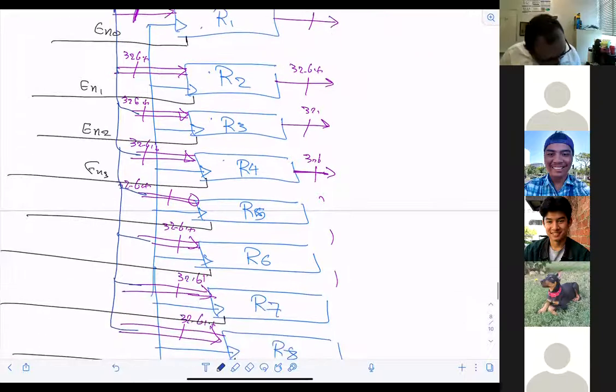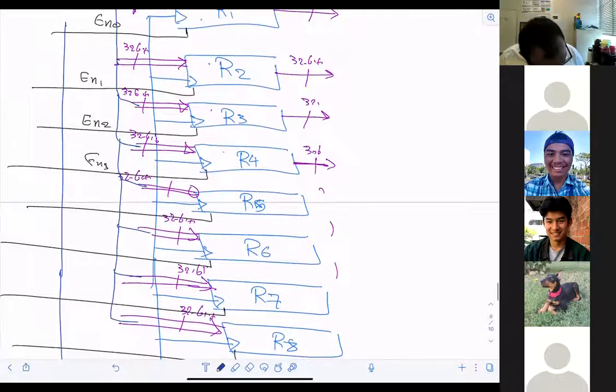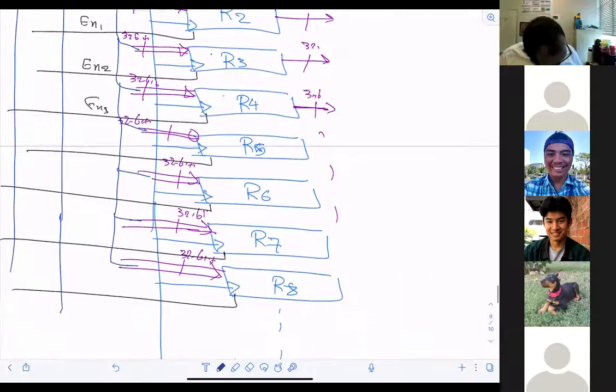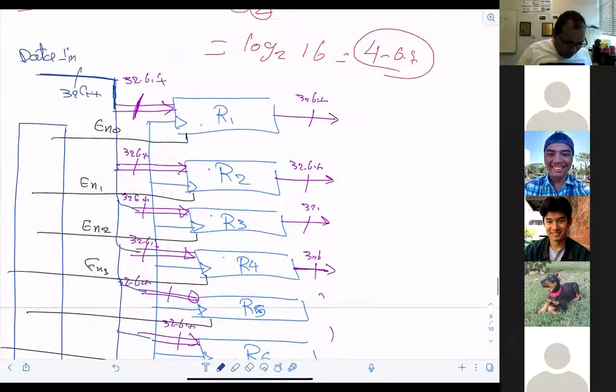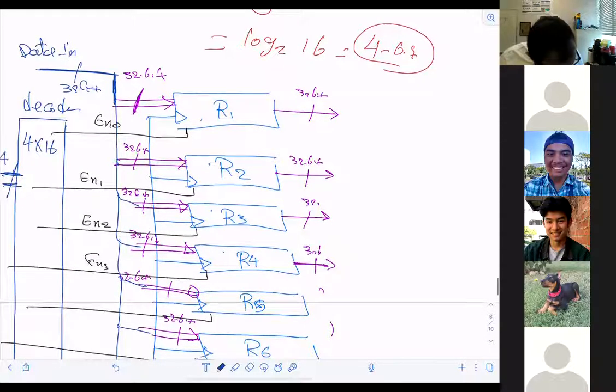So if you have a decoder here, that decoder will produce how many outputs? 16. So this is a decoder, and it's actually 4 to 16. So that means how many inputs will be connected? 4. And guess what those are? The address bus.